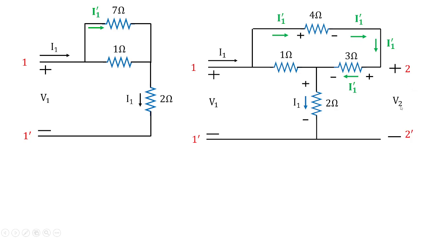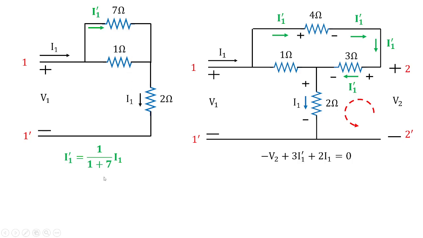And we know that V2 is a measurement made across port 2 dash. Now apply KVL in the anti-clockwise direction to this open port. So we are going to get minus V2 plus 3 I1 dash plus 2 I1 equal to 0. Now what is this I1 dash? You can look into this circuit.